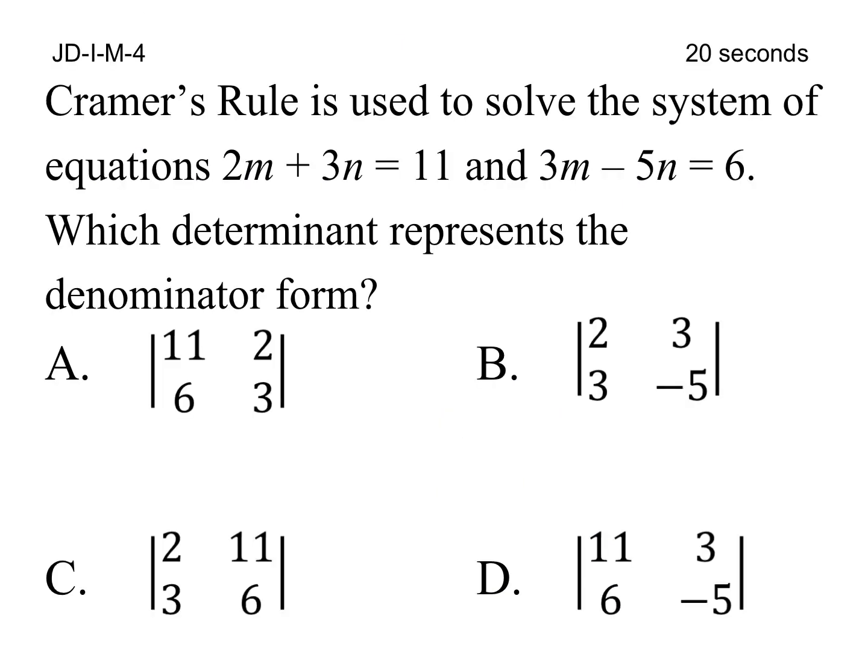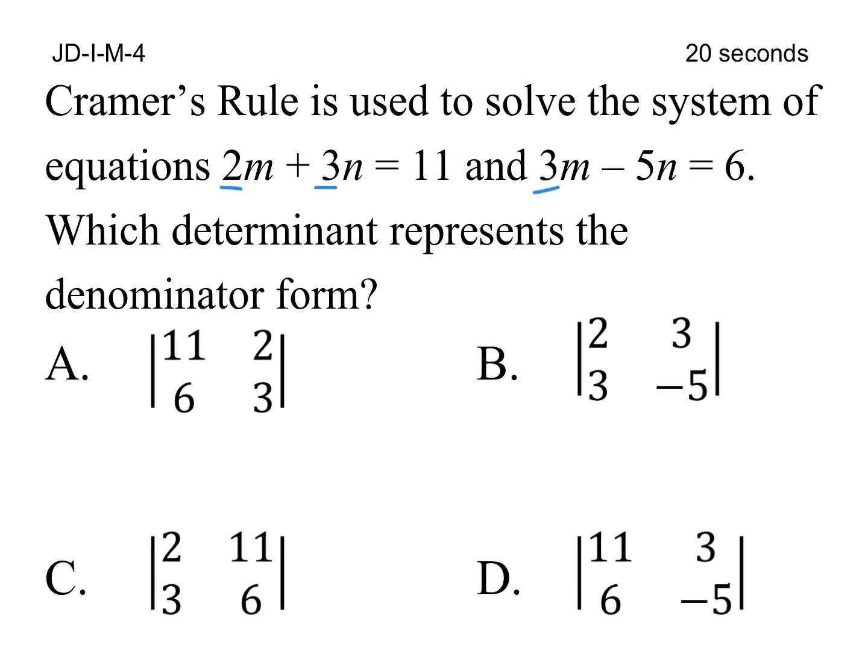Number 4, Kramer's rule is used to solve the system of equations 2m plus 3n equals 11 and 3m minus 5n equals 6. Which determinant represents the denominator form? So it's 1 over the determinant. So the determinant is going to be based off of the coefficients of our variables.